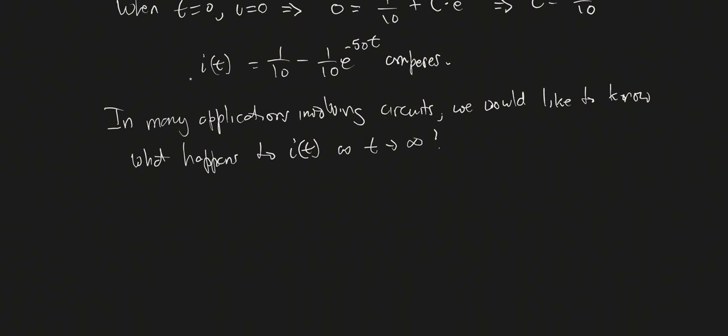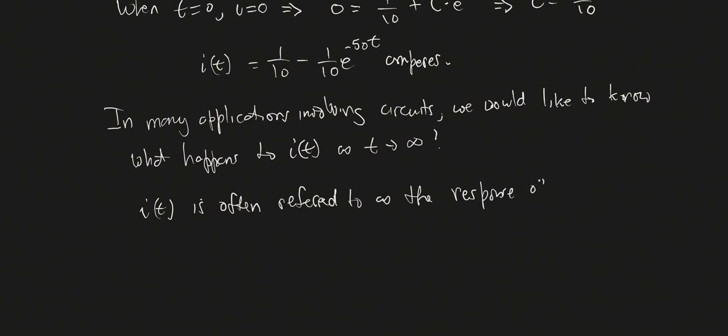So the current, in other words, the output that we get from this, is often referred to as the response of the system. And by system, I mean the circuit.